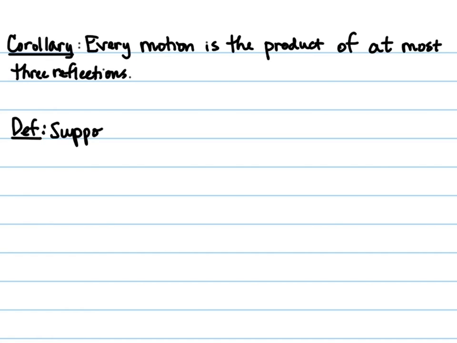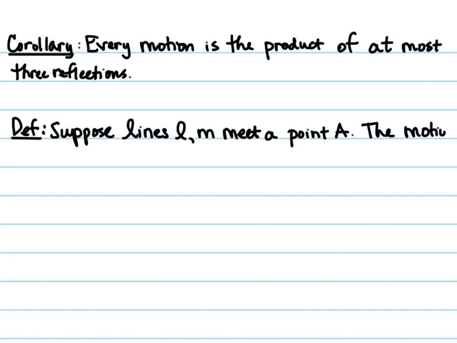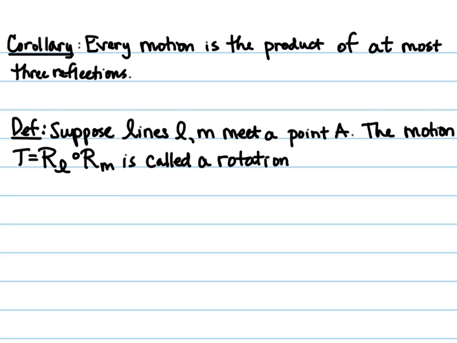Suppose lines L and M meet at point A. The motion T, which is the composition of a reflection over L and a reflection over M, is called a rotation about A.